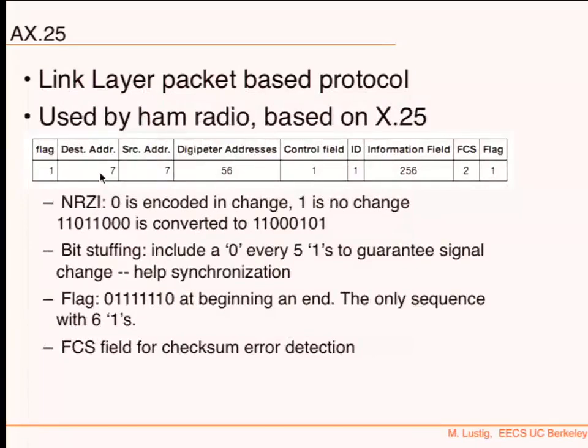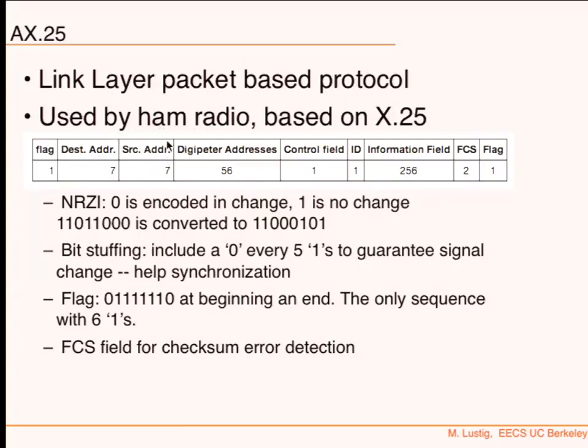It has a destination address, which in APRS is used to describe the version of the software for APRS, or the version of your radio. It's not actually used for routing in APRS. For AX25, you can use it also as routing information, but this is not actually used for routing.